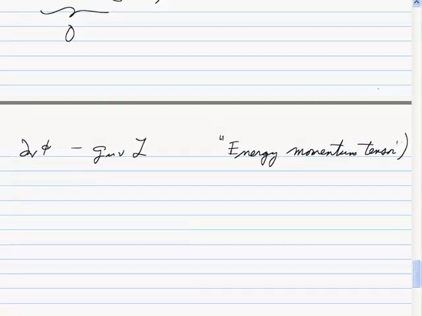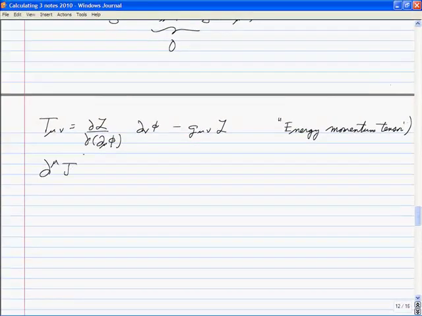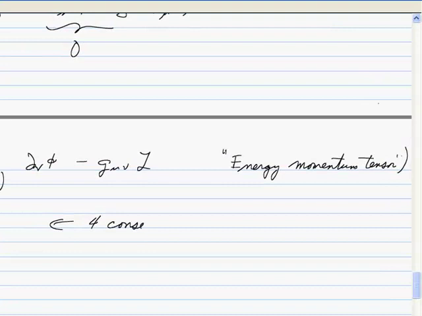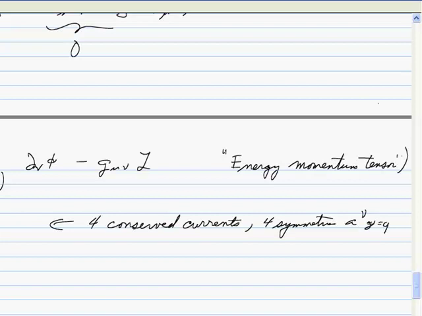That's the guy who's conserved, so keeping the indices in more conventional notation now, d mu T mu nu is equal to 0. So there's four conserved currents here, for the 4 symmetries. Nu is equal to 0, 1, 2, 3.